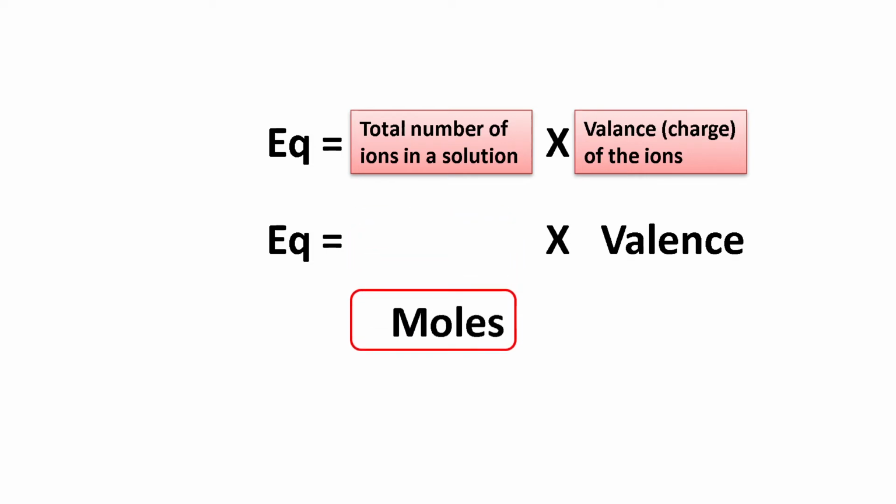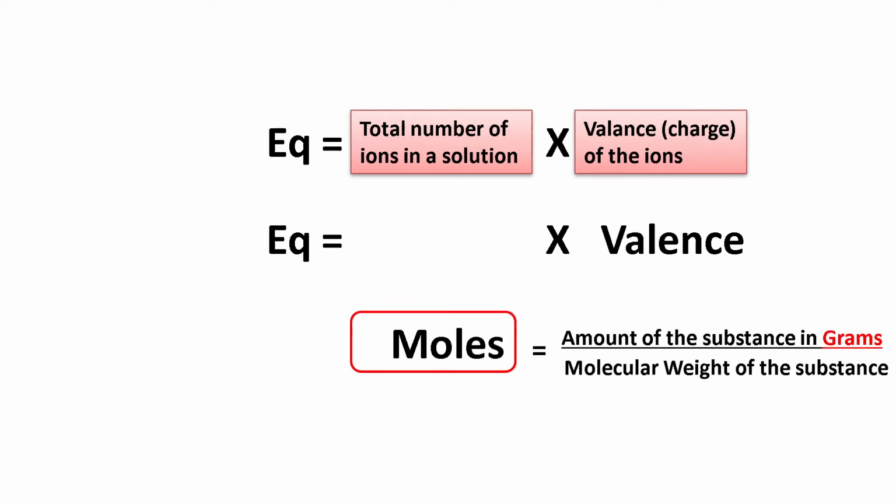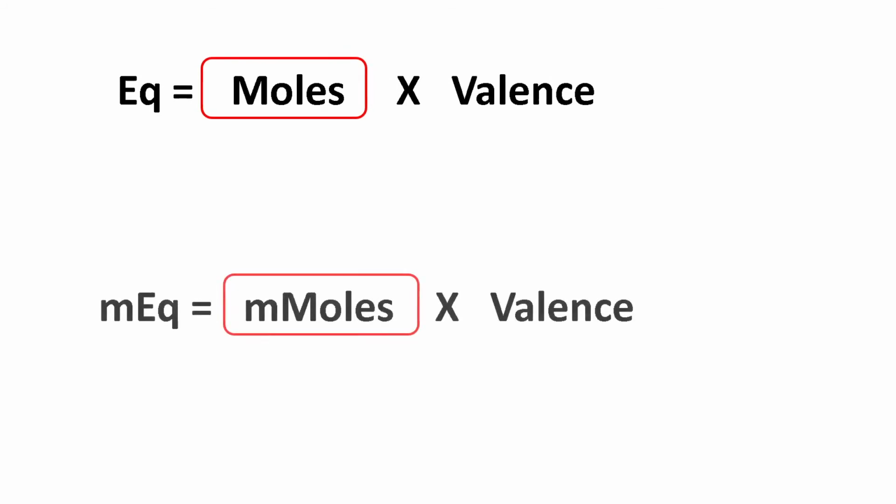We already know that mole is represented by the equation amount of the substance in grams divided by the molecular weight of the substance in grams. When we say equivalence, we consider moles or number of moles in a solution.